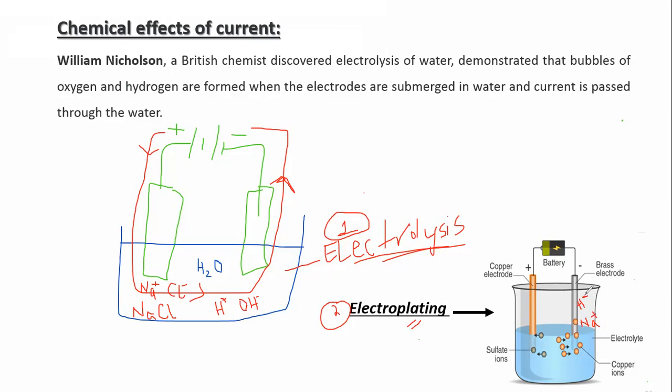They get attracted by the negative electrode because the electrode is negatively charged due to the arrangement of the battery. So all positive charges are attracted by the negative electrode and adhere to that electrode. This is what electroplating is.